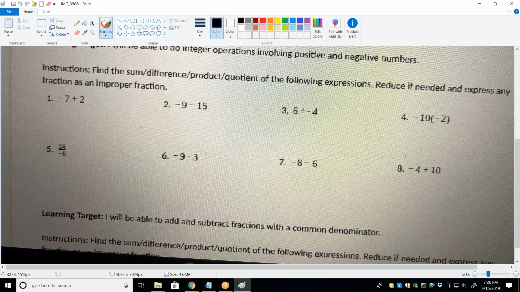Good. That's good. Number 7. It's a subtraction problem. You're going to turn it into an addition problem because there's multiple negative signs. -14. Very good. Number 8.